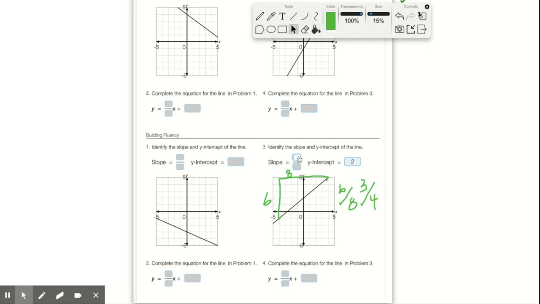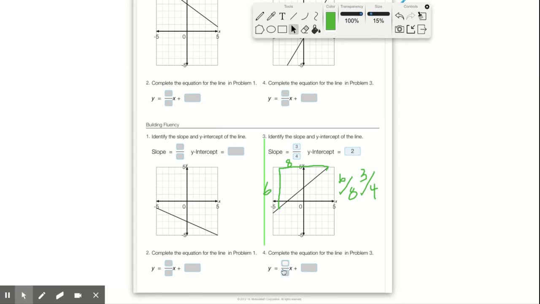Here, you'll put 3 and 4. And let's check our work. You get green. Okay, so let's complete the equation for the line. So again, when they say the equation for the line, they mean y is equal to mx plus b. So write that out. Mx plus b.